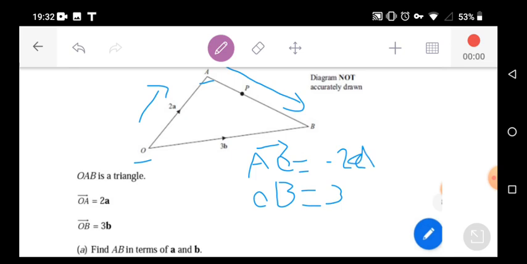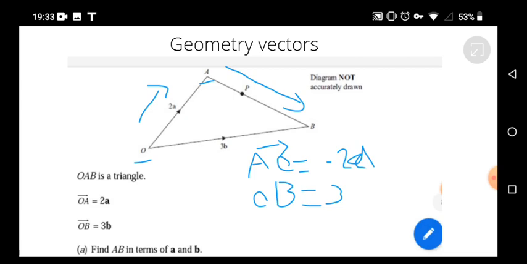And so if AO plus OB is AB, then AB is those two added together, which is 3B minus 2A, okay? 3B minus 2A.